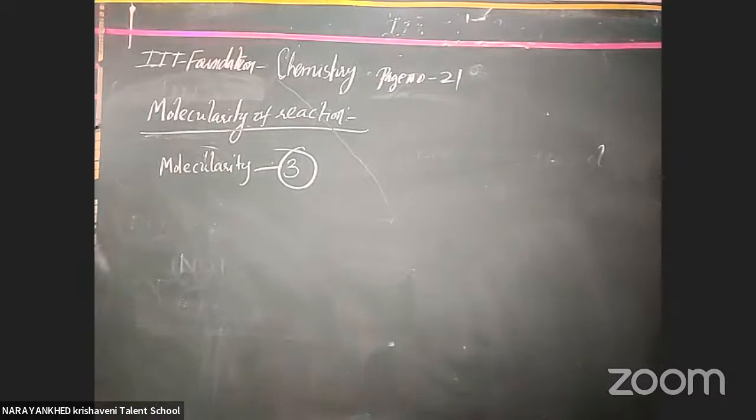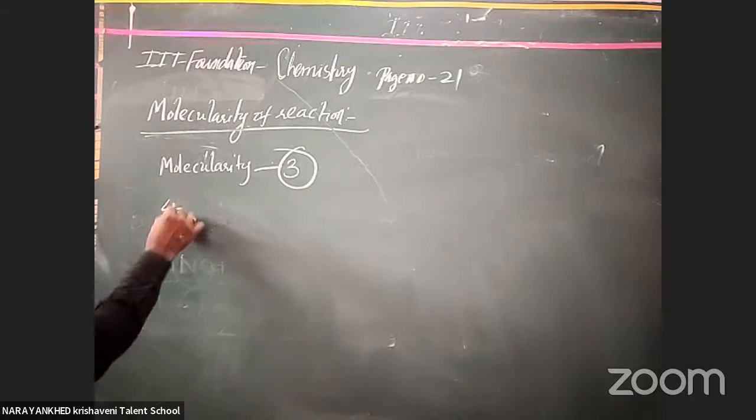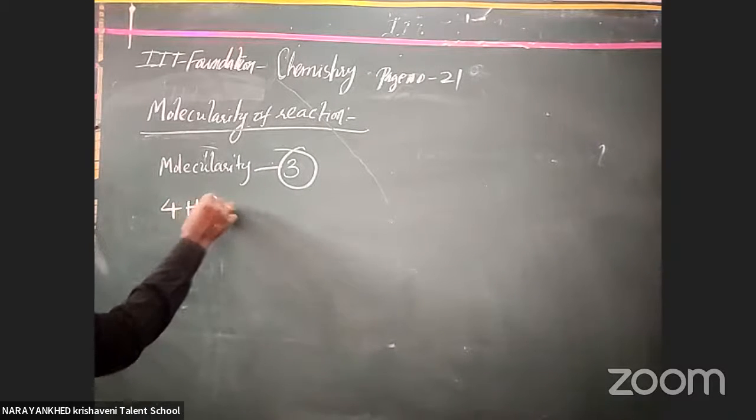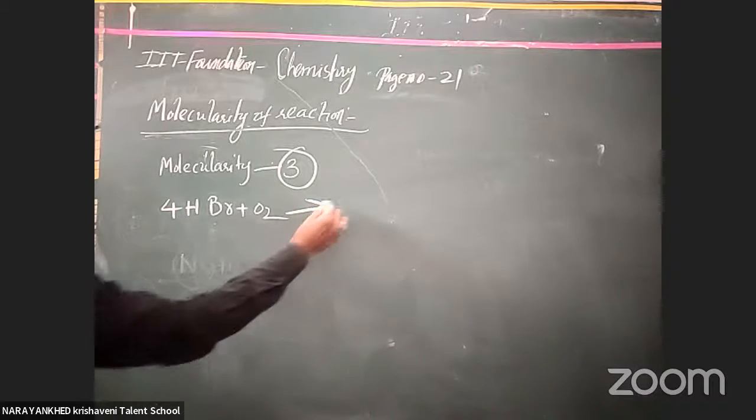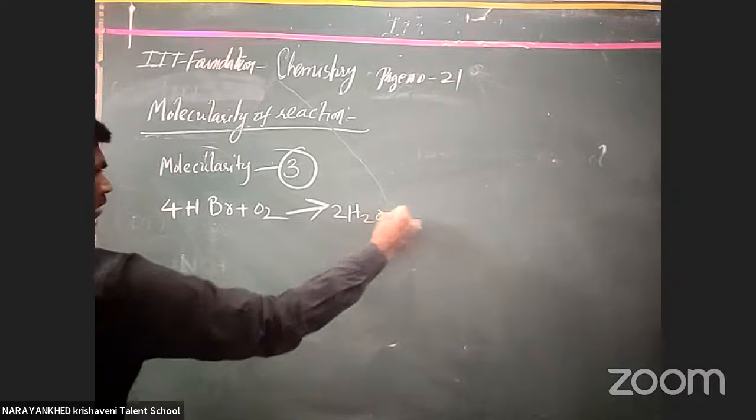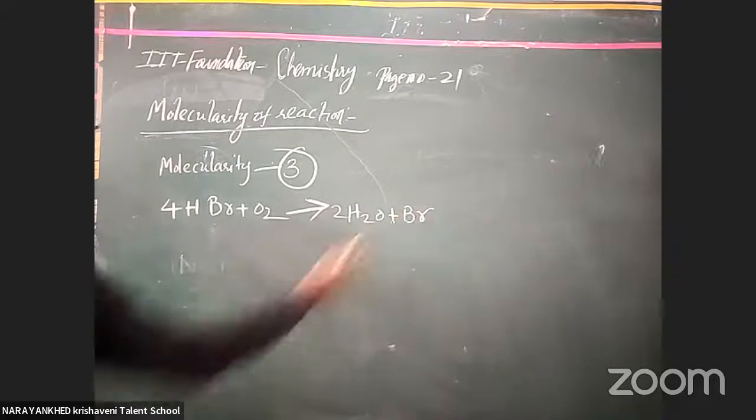One second, there is one equation given here. 4HBr, hydrogen bromide, plus oxygen gives rise to 2H2O as well as bromine. This is one type of equation.